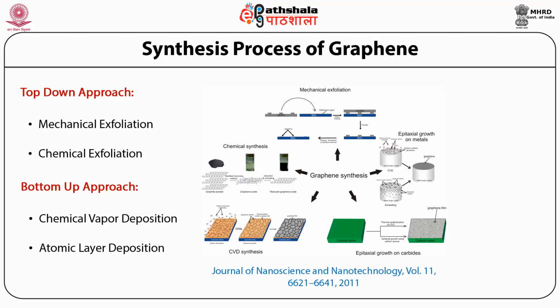There are a few examples. One very common example is mechanical exfoliation. The mechanical exfoliation technique has been used by two Nobel Prize winners, Geim and Novoselov, for all their studies. The mechanical exfoliation or Scotch tape method was the method first used to isolate monolayer, bilayer and few layer graphene in 2004 by Novoselov and Geim. The method exploits the weakness of the van der Waals bonding between the atomic layers of graphite flakes.